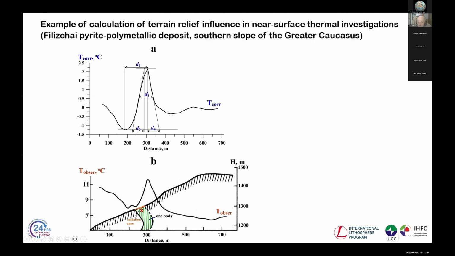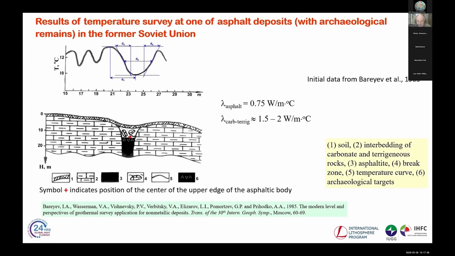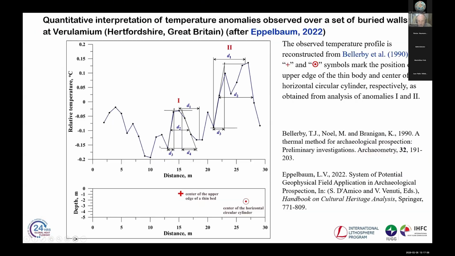The results of temperature survey at one of the asphalt deposits, initial curve after Bareev et al. The characteristic point and tangents method were applied and we received the upper edge of the asphaltic body, and also revealed some archaeological remains.